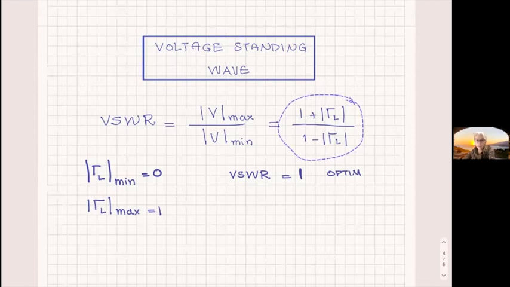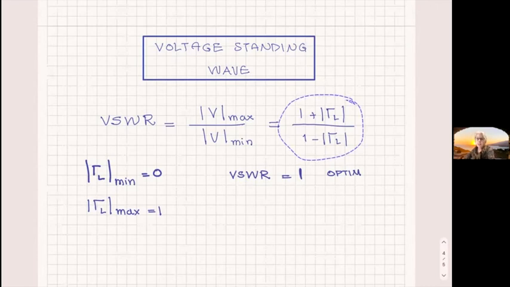You can never get 0 over a frequency band. You can get 0 at one frequency only. But as people operate over a frequency range, they can give you the VSWR as being less than 1.1. That would be phenomenal over your frequency range. It could be less than 1.3 over your frequency range. So practically, the closer your VSWR is to 1, the better off you are.